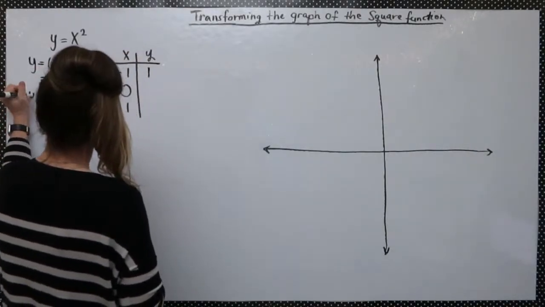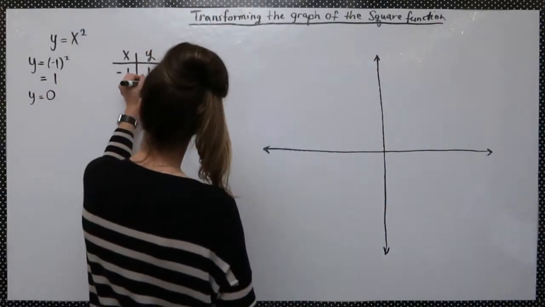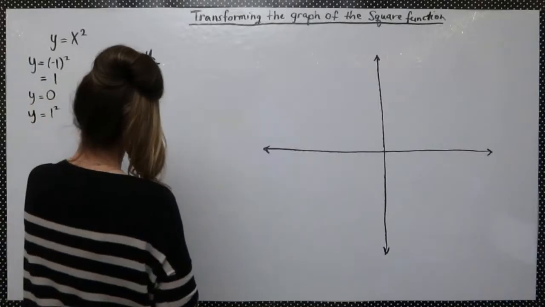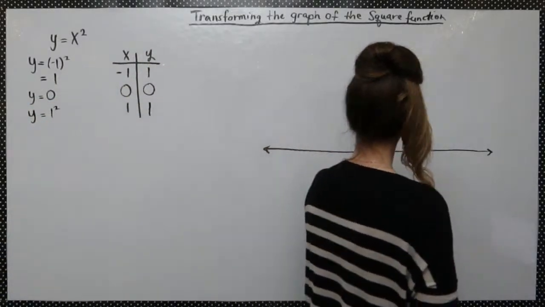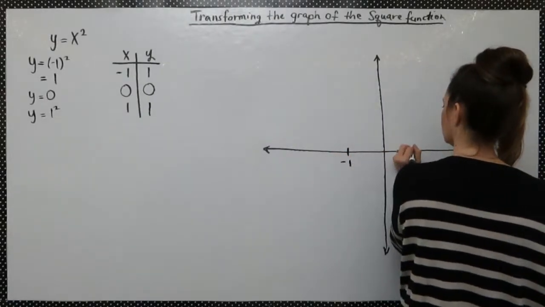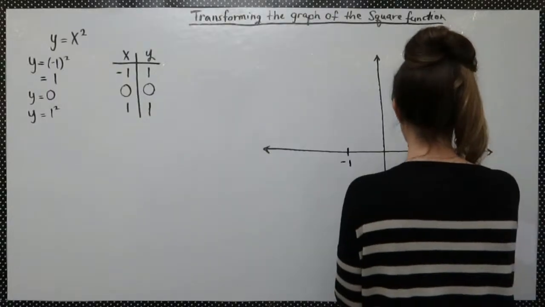When I plug in 0, you square 0, you get 0. And then when you square 1, you get a positive. So it leads to this type of graph. Negative 1, positive 1.